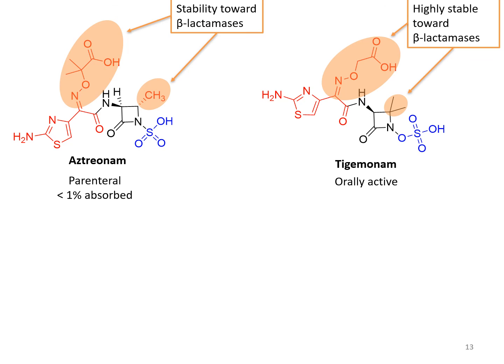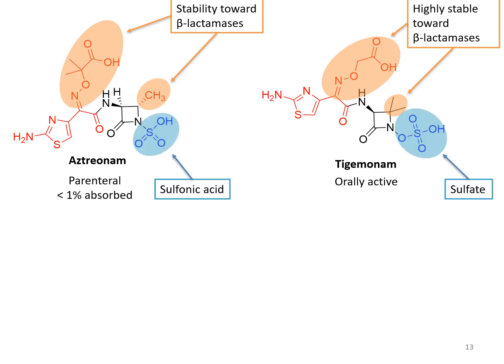The structural modification in tigemonam that resulted in enhancing its acid stability, thus oral activity, was converting the sulfonic acid to sulfate, or in other words, inserting an sp3 hybridized atom between the nitrogen and the sulfonic acid sulfur. The explanation of the variations in acid liability to hydrolysis between the two monobactams can be well understood by looking at the effect of the sulfonic acid and sulfate groups in aztreonam and tigemonam respectively.